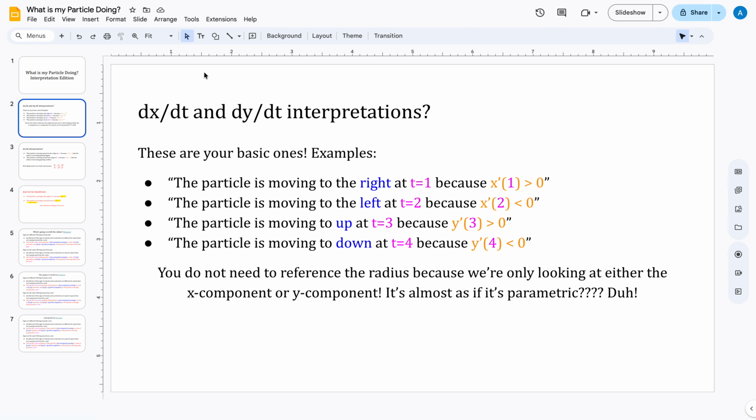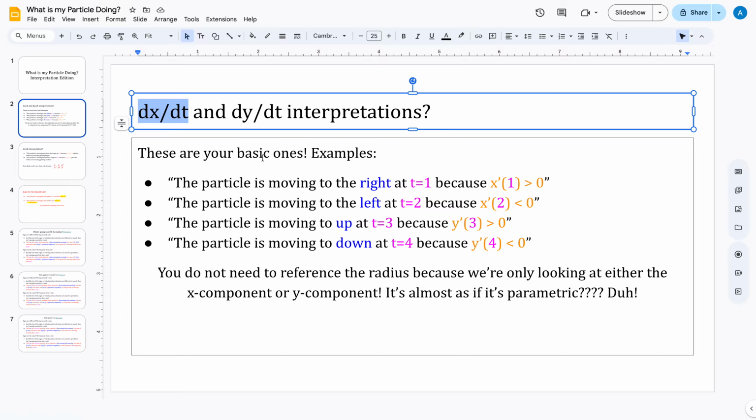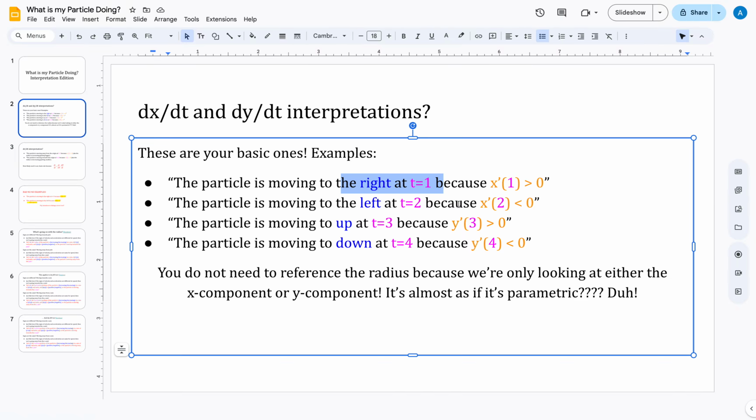Now, here's the thing about dx/dt and dy/dt. This is essentially like your basic PVA problem where you're moving to the right, or you're moving to the left, or you're moving up, you're moving down. So remember that dx/dt is going to be the rate of change of your x coordinate with respect to time. So are you moving to the right, or are you moving to the left in terms of your particle?